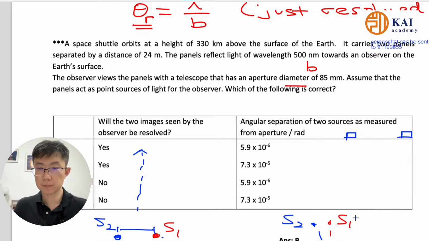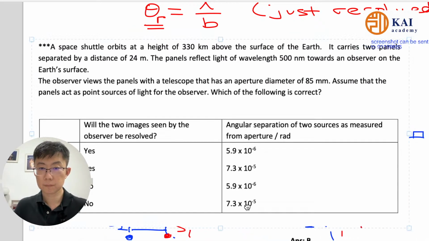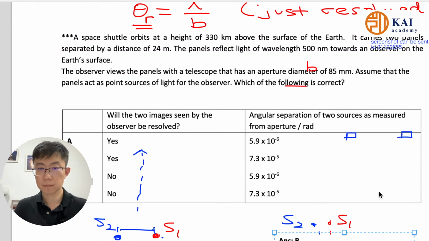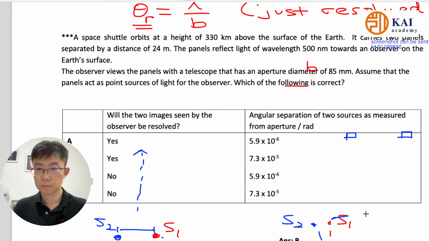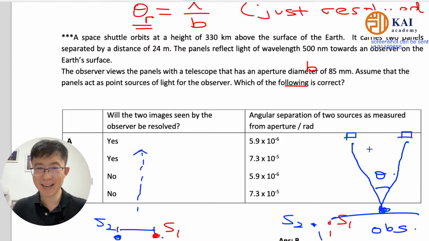Let's say this is the Earth, and this is the observer. I'm going to draw one line over here, one line over here. I want to find this angle. Apologies for the ugly line. The separation between the two is 24.